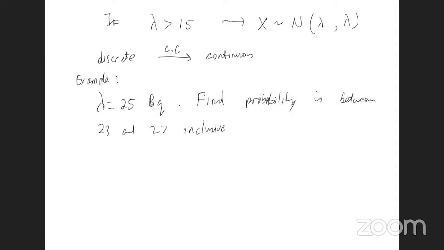So basically I want the probability between 23 and 27, that is 23 is less than or equal to X, is less than or equal to 27. So I want you to find this one, please. Try that first.